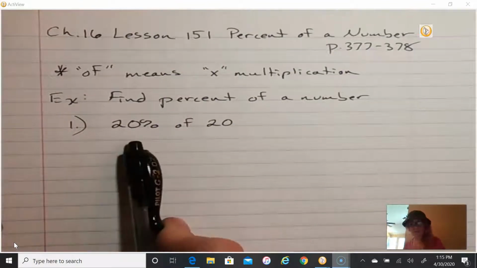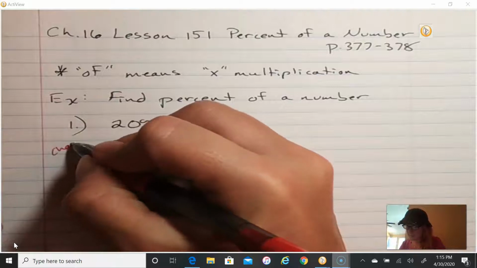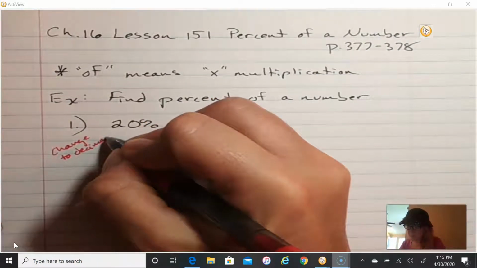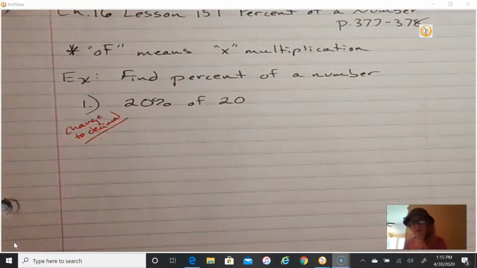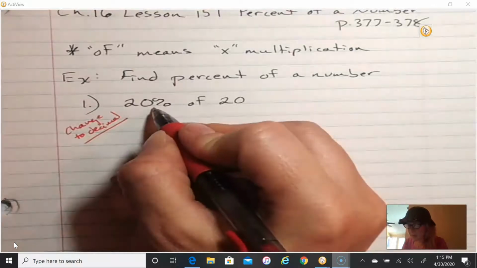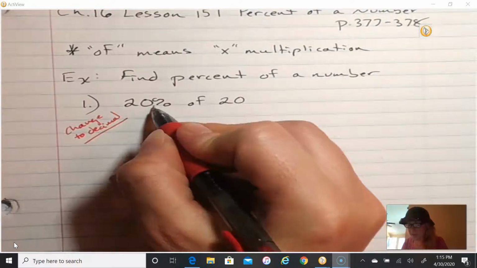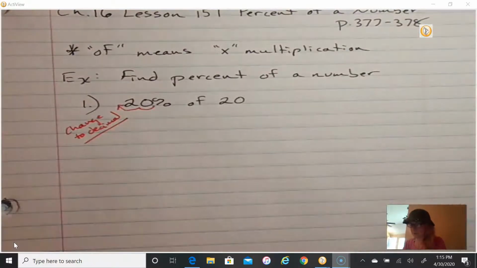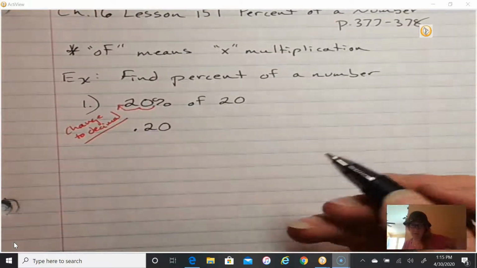First thing you do is change this to a decimal. How do you remember how to change it to a decimal? If it's percent going to a decimal, you put in an imaginary decimal and move it 2 places to the left. So now you have 0.20 or 0.2.